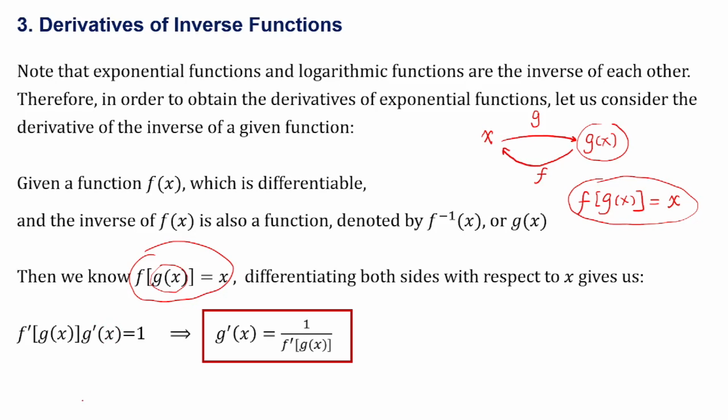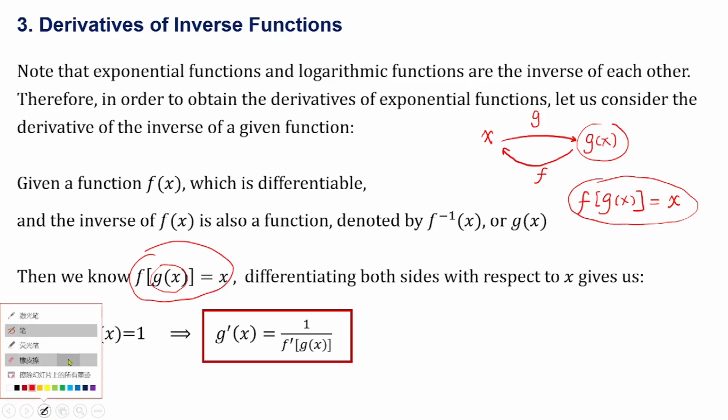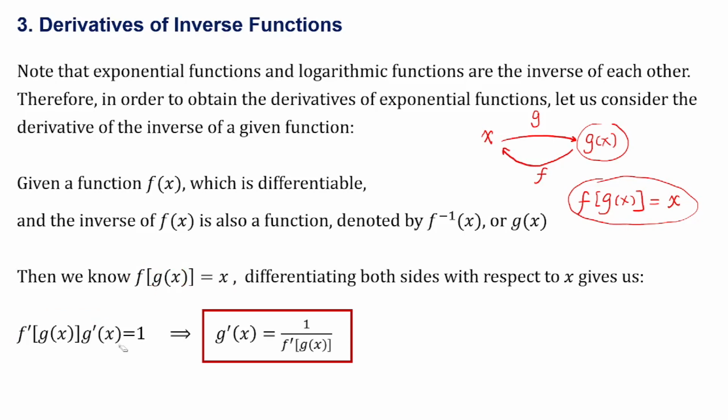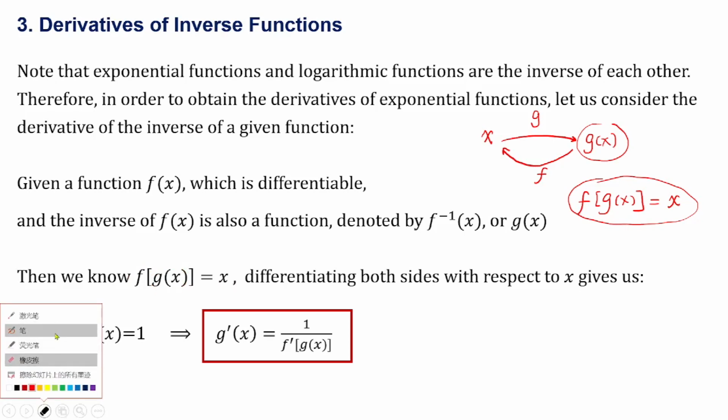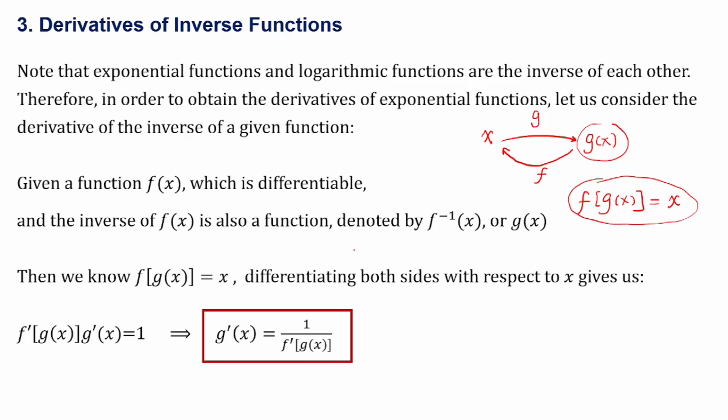The right side is the derivative of x, which is apparently 1, right? Remember that we want to find the derivative of g(x), right? So the derivative of g(x) is 1 over the derivative of f with respect to g(x), right?